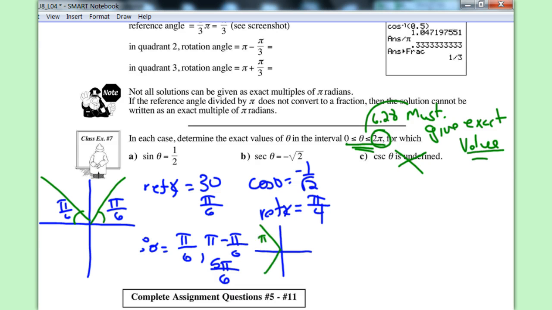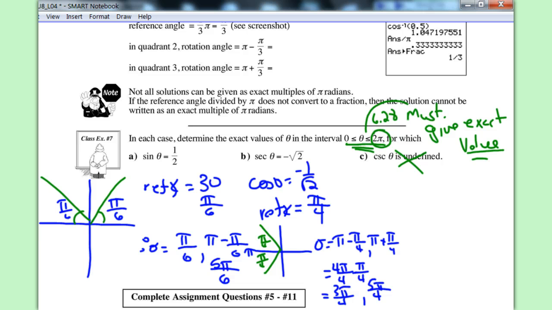I put pi over 4 there and pi over 4 there. Remember that this is actually pi, so in my head, theta is equal to pi minus a quarter and pi plus 1/4. 4 quarters minus 1/4 is equal to 3/4 pi, and 1 plus 1/4 is 5/4 pi.